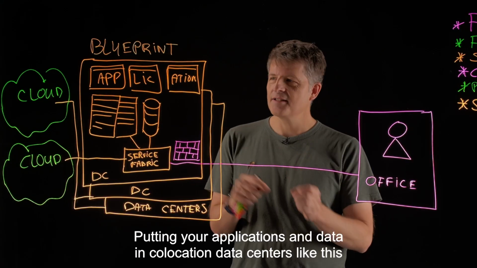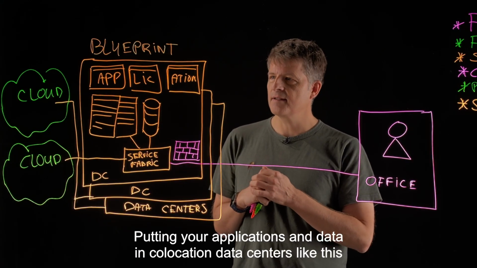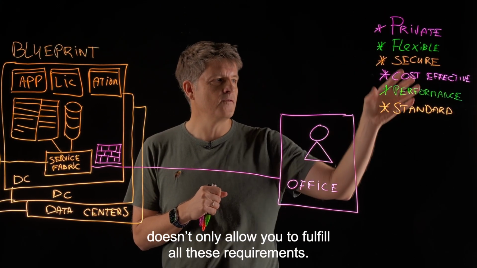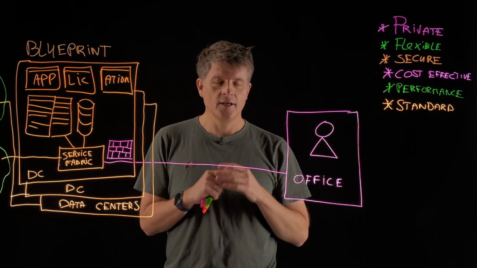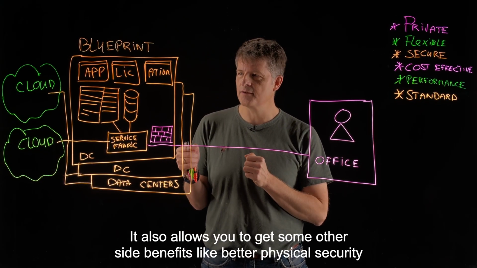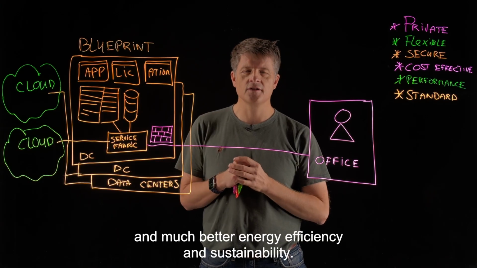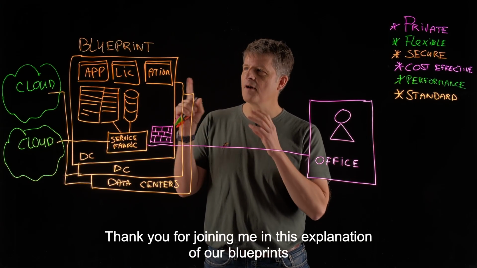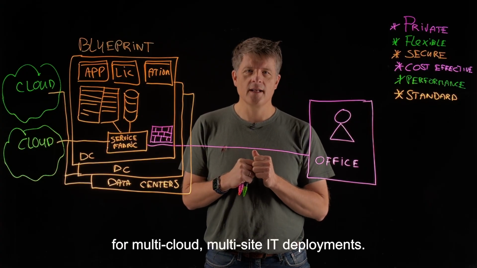Putting your applications and your data in co-location data centers like this doesn't only allow you to fulfill all these requirements, it also allows you to get some other side benefits like better physical security and much better energy efficiency and sustainability. Thank you for joining me in this explanation of our blueprints for multi-cloud, multi-site IT deployments.